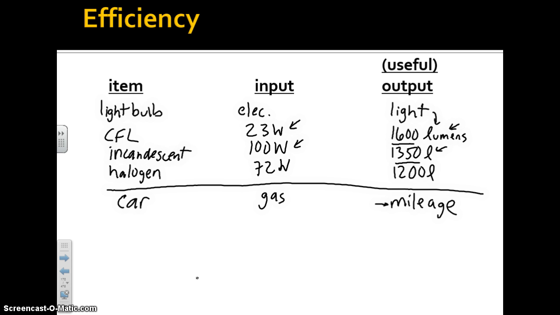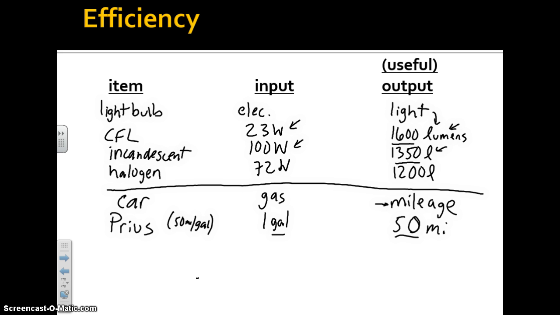If I look at a few examples, you've heard of efficient vehicles. Well, this is what an efficient vehicle means. Let's say you have your Toyota Prius that gets about 50 miles a gallon. So if I have 1 gallon of gas, I'm going to get 50 miles out of it. My input is gallons, my output is mileage.